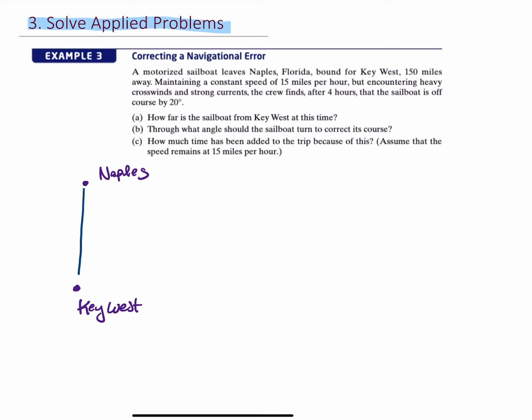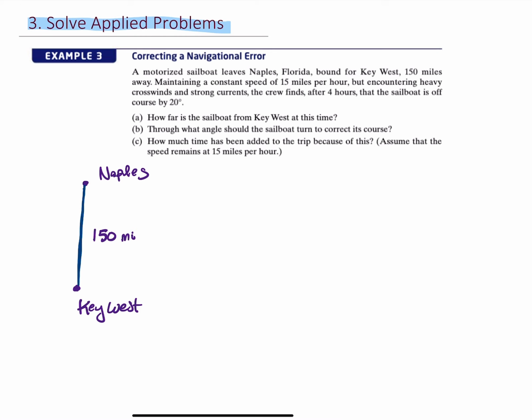And it says these are a distance of 150 miles. It says maintaining a constant speed of 15 miles per hour, but encountering heavy crosswinds and strong currents, the crew finds after 4 hours that the sailboat is off course by 20 degrees.